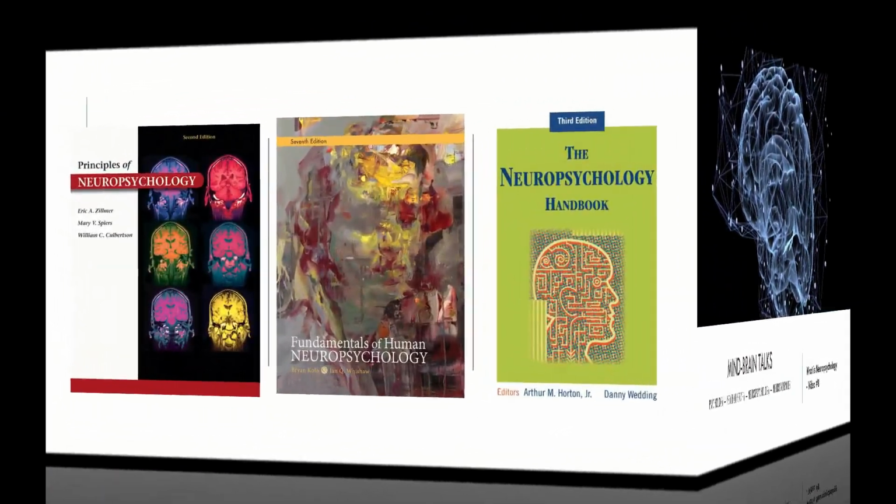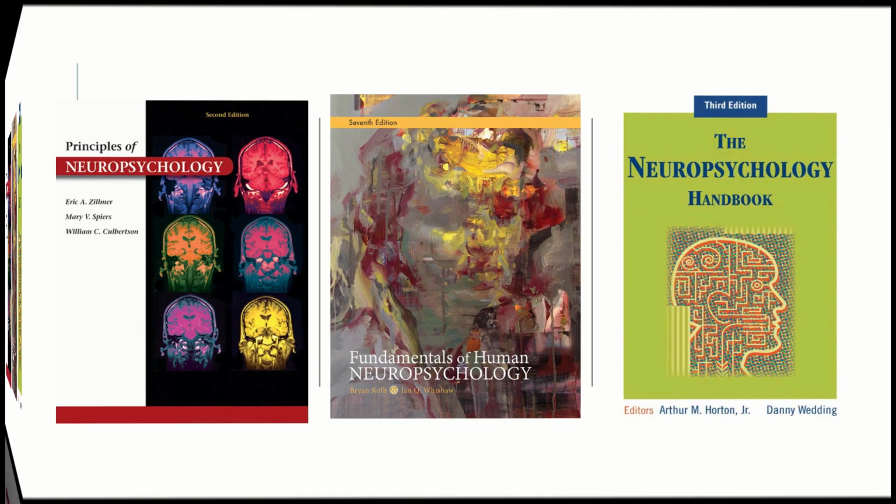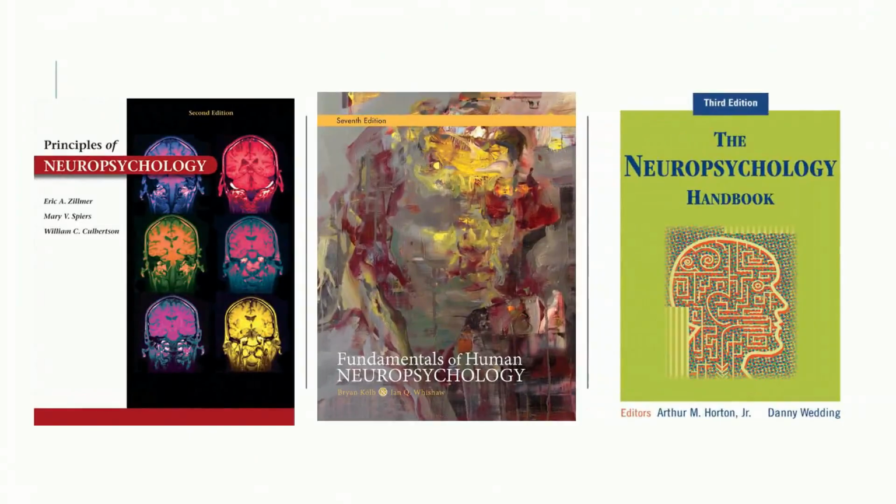Now let's look at the manuals that I used to develop today's video. The first is Principles of Neuropsychology, the second, Fundamentals of Human Neuropsychology, the third is the Neuropsychology Handbook. The fourth is the Handbook of Clinical Neuropsychology.